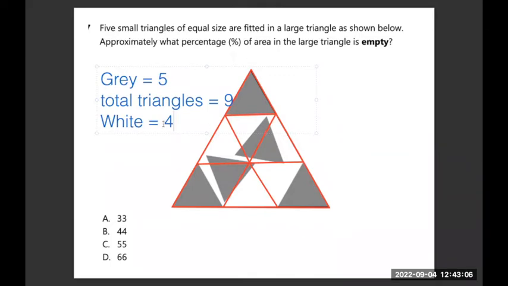Yeah, sorry. So the number of white space is 4 triangles placed in white squares. The ratio that I'm looking at is 4/9.